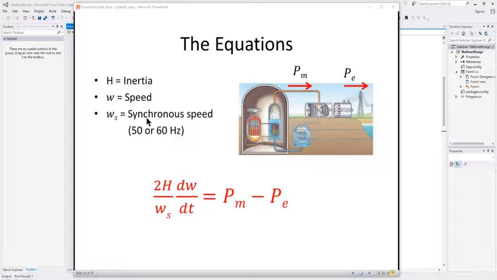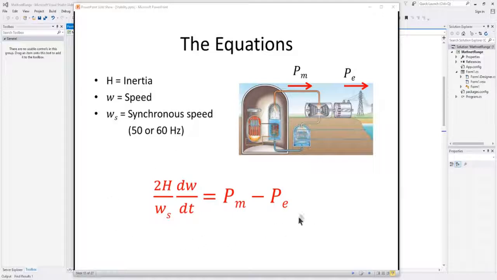It also has a synchronous speed, which is the normal speed. In the US it's 60 hertz, and in Europe and other places it's 50 hertz. So that's the normal speed that the generator will rotate at. And here is one of the equations you'll see to describe the response of the machine, the speed versus power.